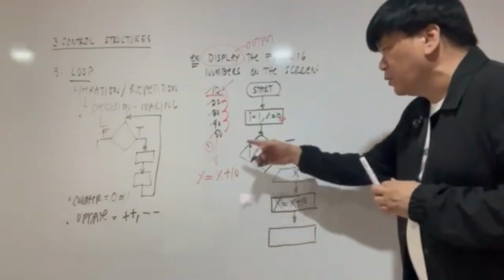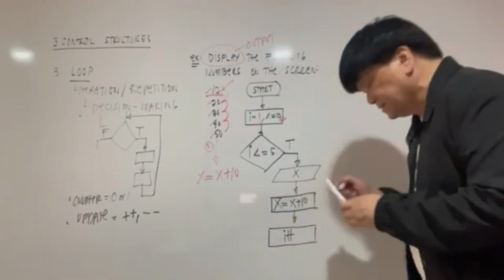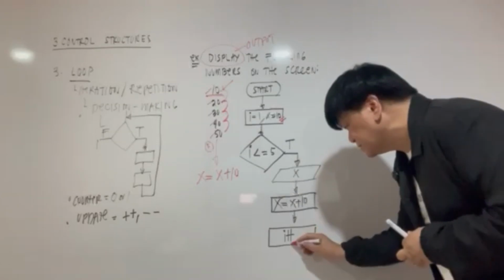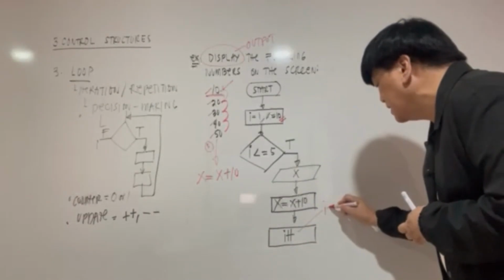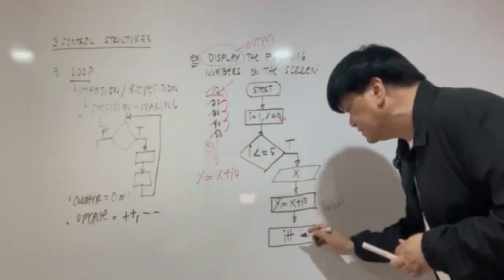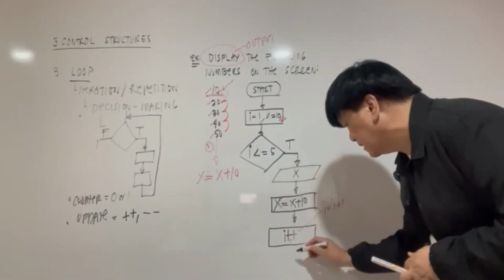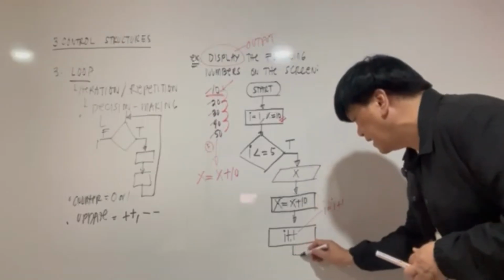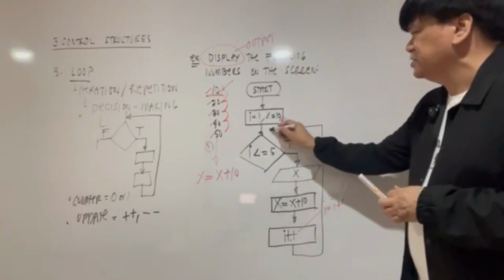Then we update before we loop. We are going to increment I, plus plus, which is the same thing as writing I is equal to I plus 1. After that update, it loops, going back to this condition.